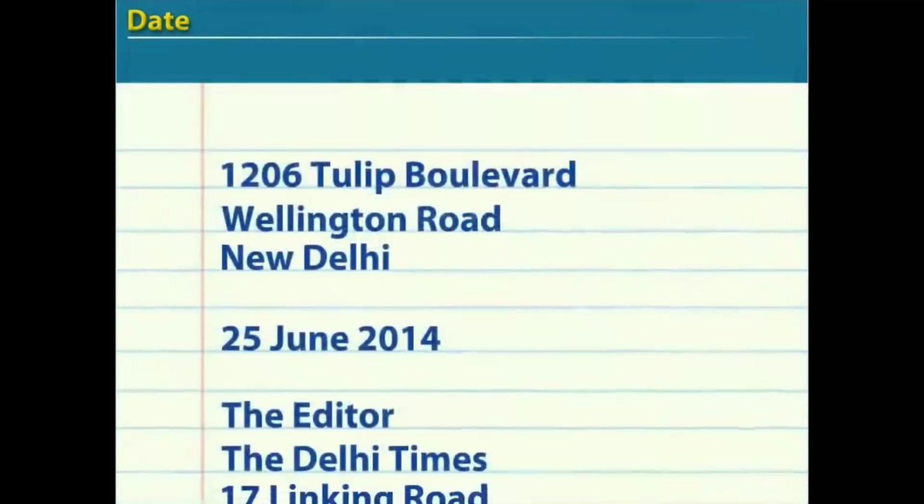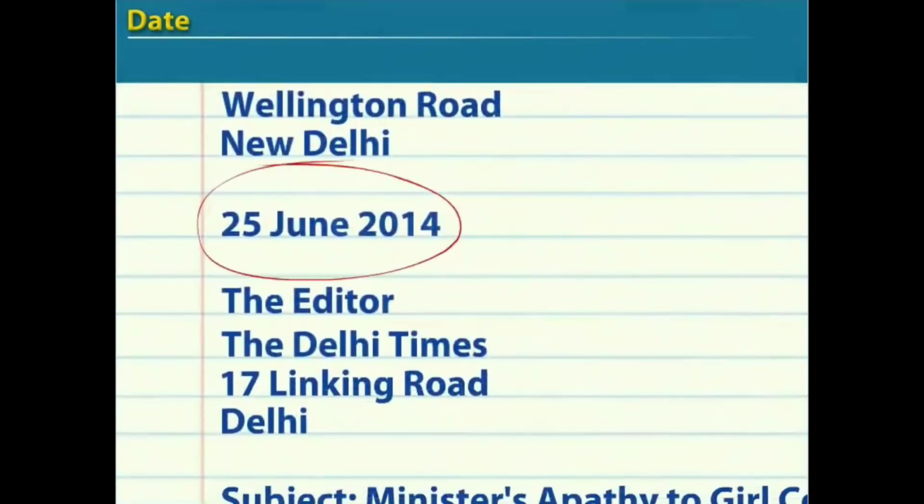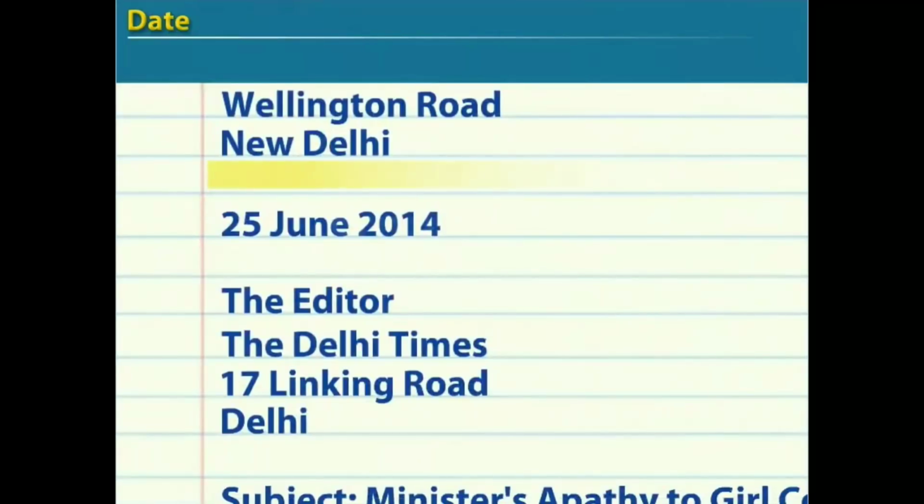Date. Write the date below the sender's address after leaving a line. Adhere to the date, month, year pattern. That is, write the date without superscripting it with ST, ND, RD or TH.